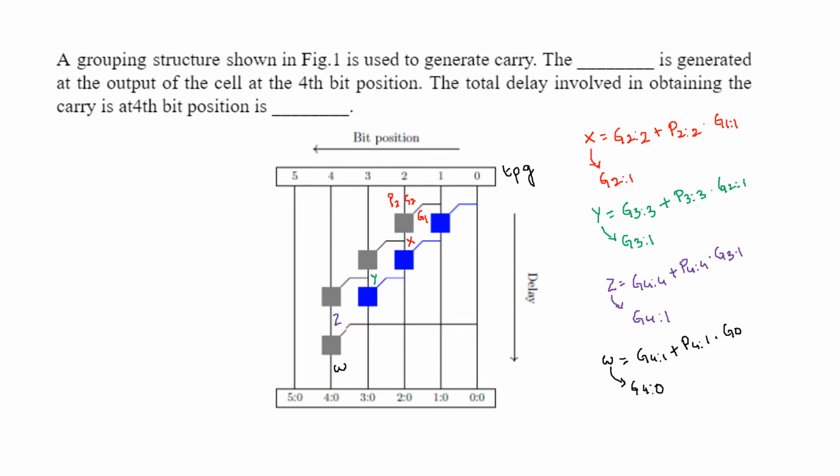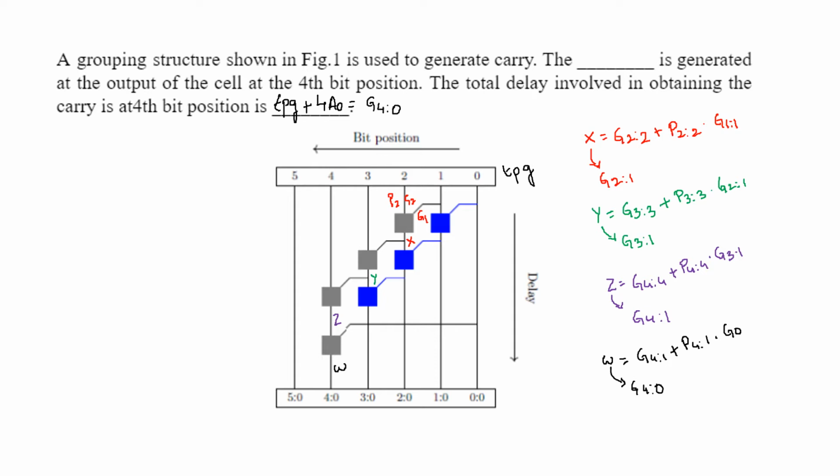So it is this, right? So you have 4 AND ORs, right? You have 4 AND ORs basically, and then plus TPG. So therefore, the total delay involved in obtaining the carry at position 4 is nothing but you have TPG plus 4 AND ORs. So this is required to obtain G of 4:0.